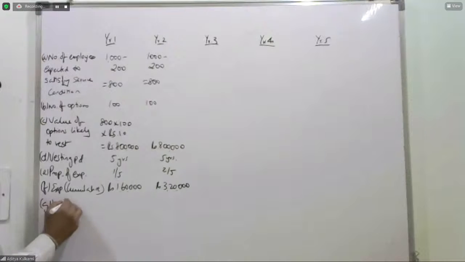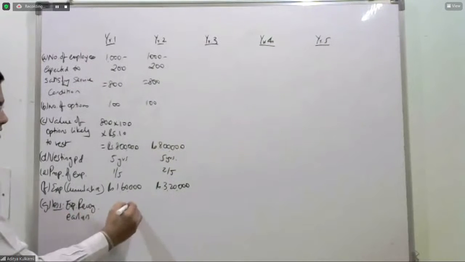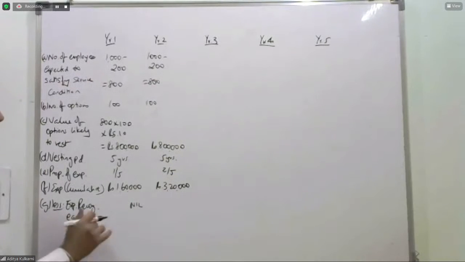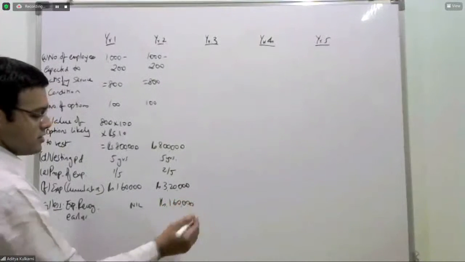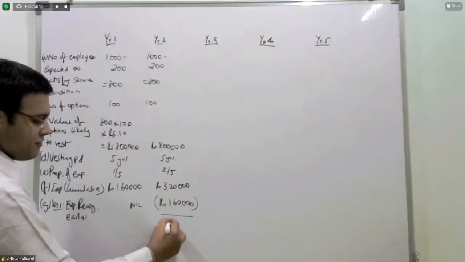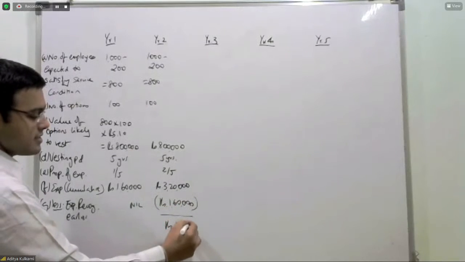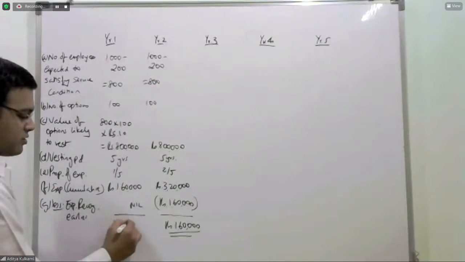Less expenses recognized earlier. First year, nothing, so 0. Second year, you had recognized 1,60,000 earlier. So therefore, 1,60,000 to be recognized for the second year as well.